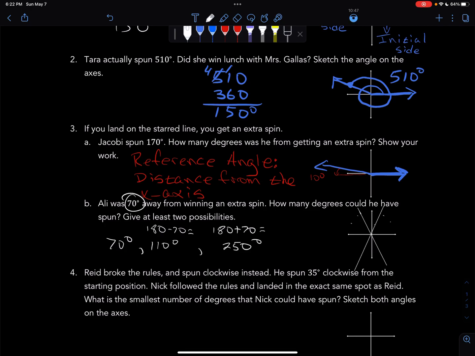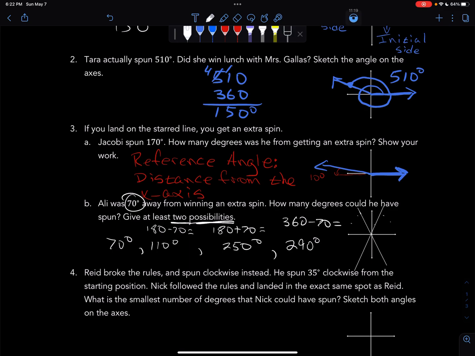So these are our possible answers. So Allie was 70 away from getting an extra spin, so getting back to either the positive or the negative x-axis, that reference angle being 70. So the last one we can come up with here is doing 360 minus 70, which gives us 290 degrees, right?